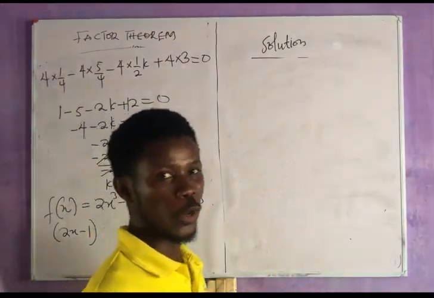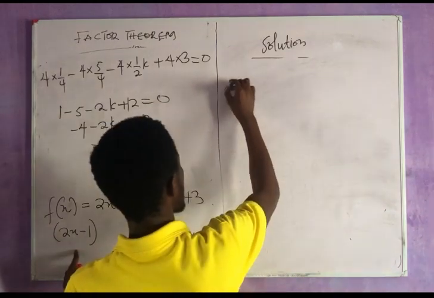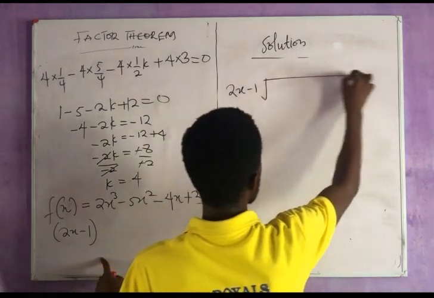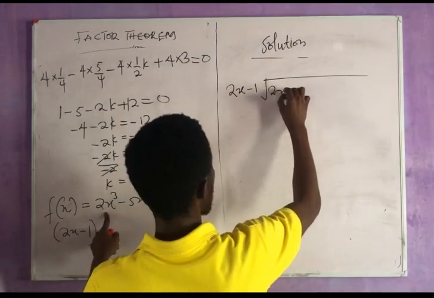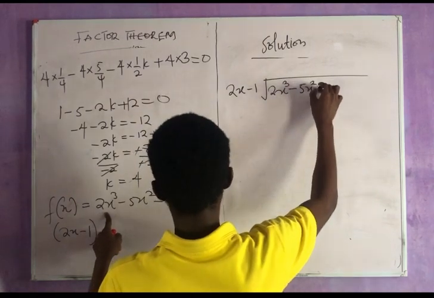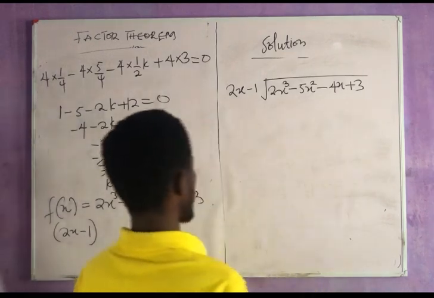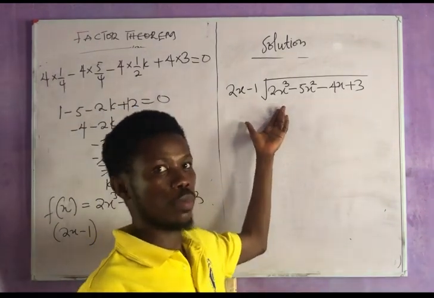So I have my divisor, which is 2x minus 1, then the polynomial is 2x cubed minus 5x squared minus 4x plus 3. You can also try the synthetic approach, you get the same thing.